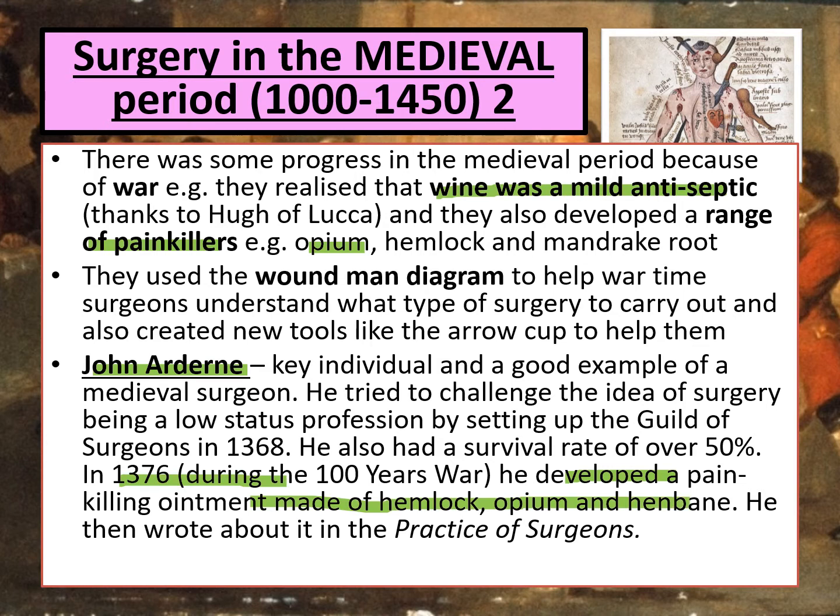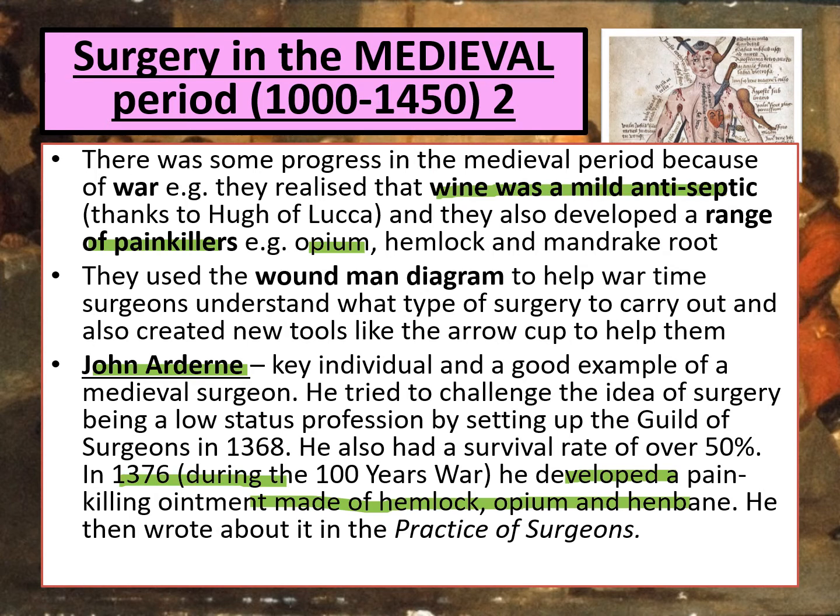So John Ardern is a really key individual to know about because he's basically one of the only successful medieval surgeons. He was somebody that didn't want to be known as a barber surgeon. He did lots of amazing work during wartime, and he wanted to try and change people's perception of barber surgeons.